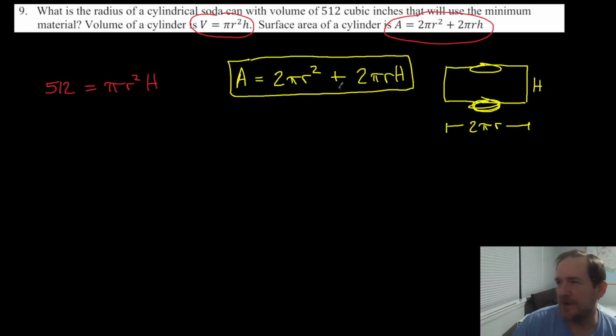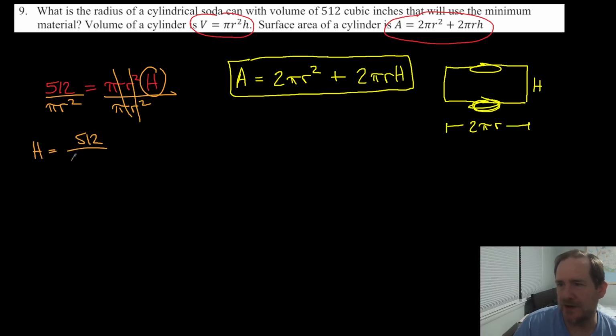Okay, now, that's it. Here's my equation to optimize. I am noticing I've got an r here and an r here and an h, and that's not great. We want to only have one variable. Since there's an r squared and an r, I should probably work towards just replacing h, which means hitting up my constraint equation and solving for h by dividing by pi r squared. And we find, cancel, cancel, that h is equal to 512 over pi r squared.